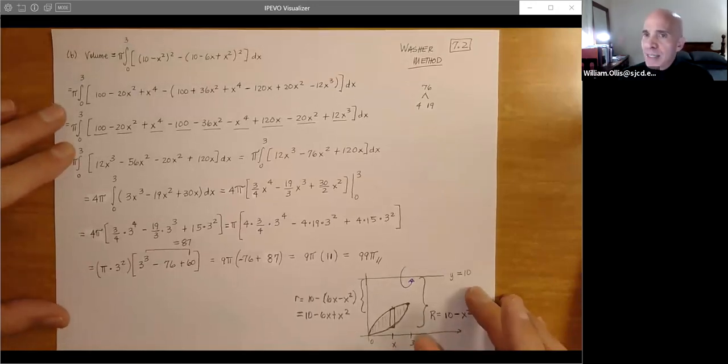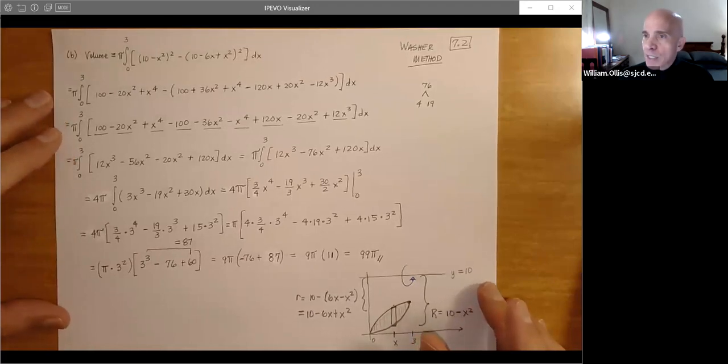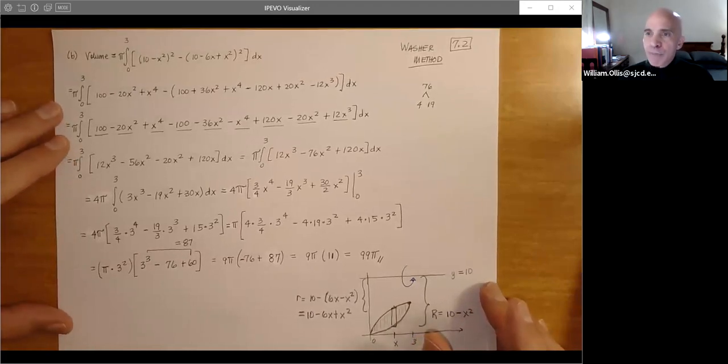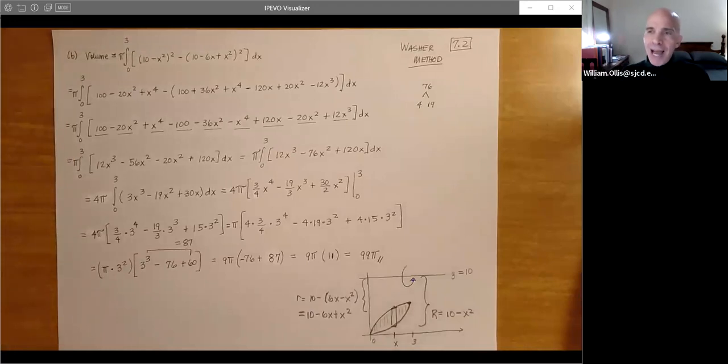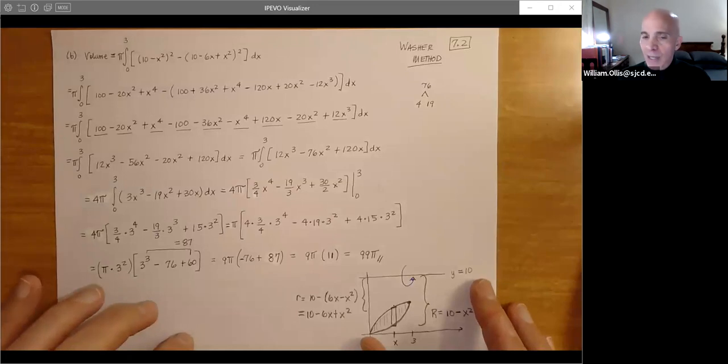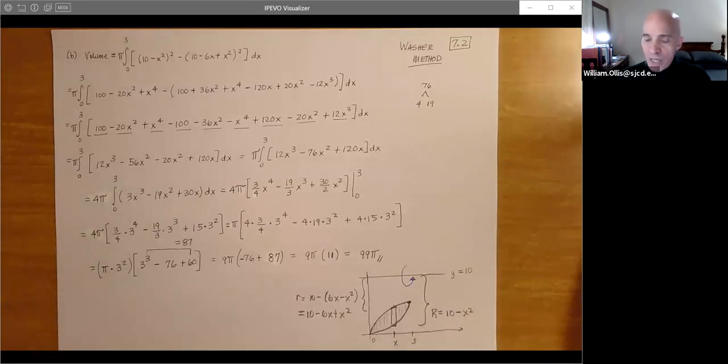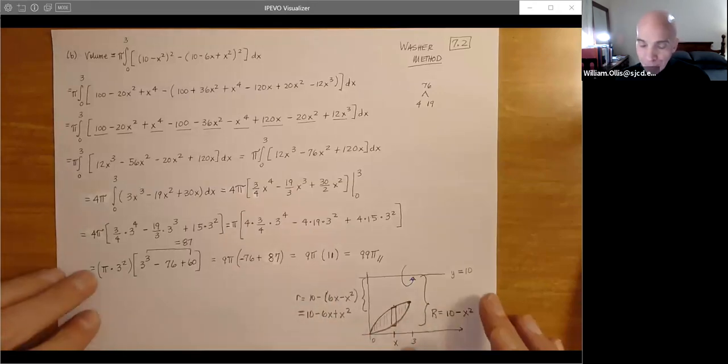So there is indeed a visual component to these problems, whereas you could probably think in your mind's eye and say, okay, that's what this is and that's what this is, but it's better to go ahead and have a little diagram. And what I like about the WebAssign is that it kind of keys you into that to kind of help you along your way. So this was just a little extra that I wanted to share with you, because I thought the question was a valid question and a good question to share with everybody.